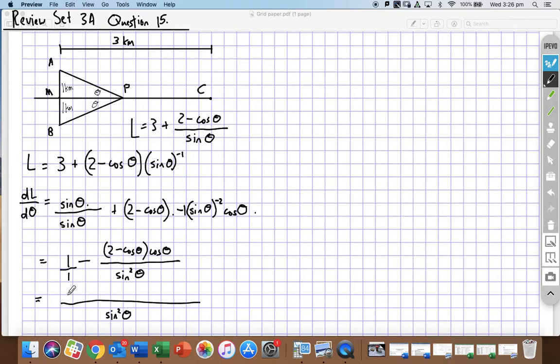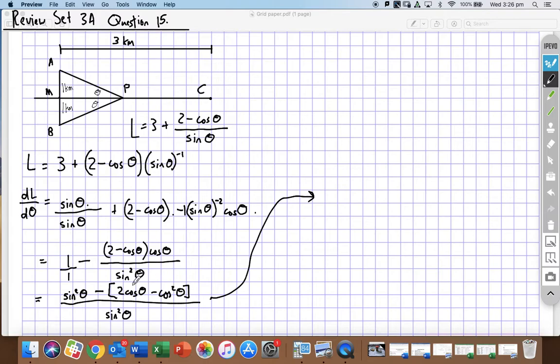I need to do that on top too so that that stays as a 1. All right, then what have we got in here? We're minusing all of this, 2 times cos theta, 2 cos theta, minus cos squared theta. And where does that take us?